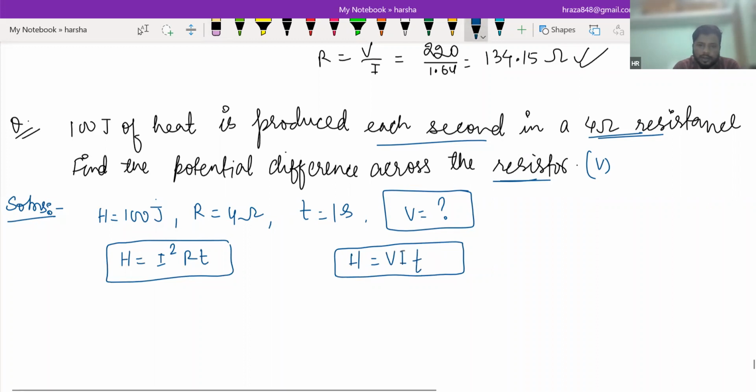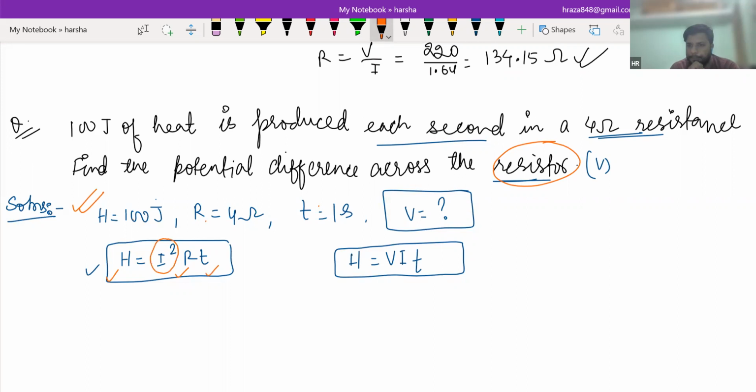So we have two formulas of heat: H is equal to I square RT and H is equal to VIT. And we need to calculate V. Now see where we can fit the given values. 100 joule is given, R is given, time is given. So easily we can calculate I.